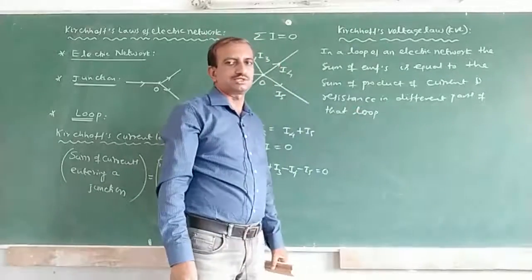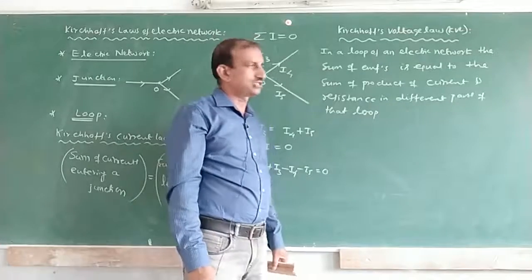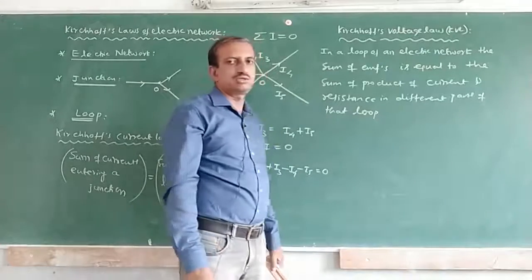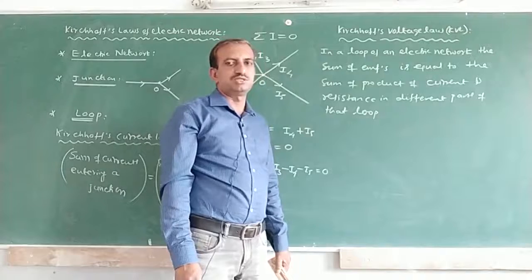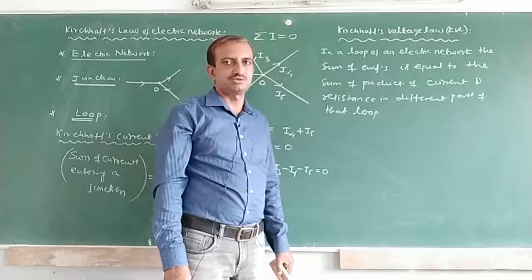According to Kirchhoff's second law, in a loop of an electric network, the sum of EMFs is equal to the sum of the product of current and resistance in different parts of that loop.